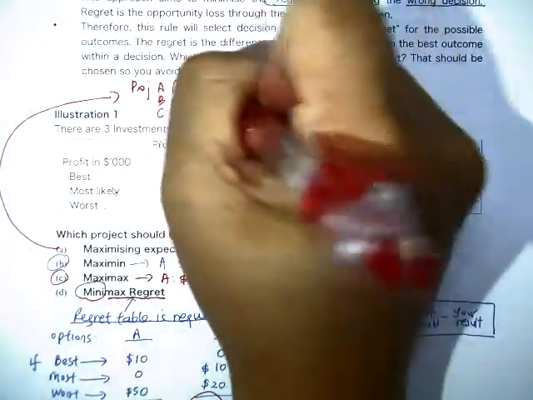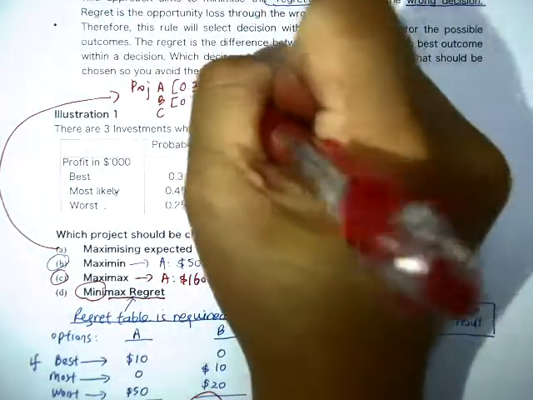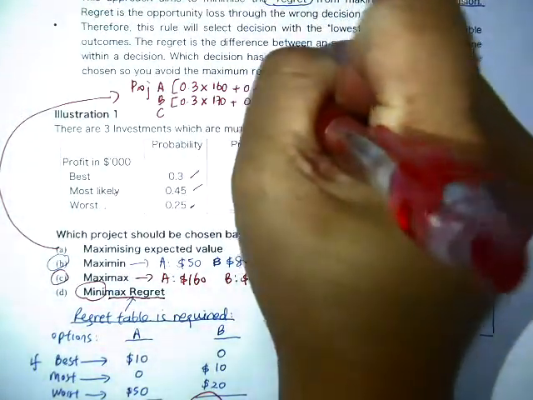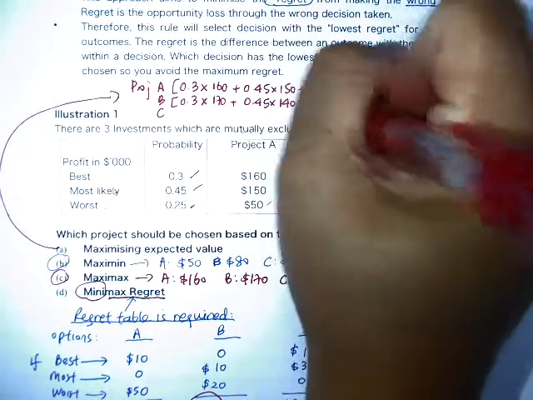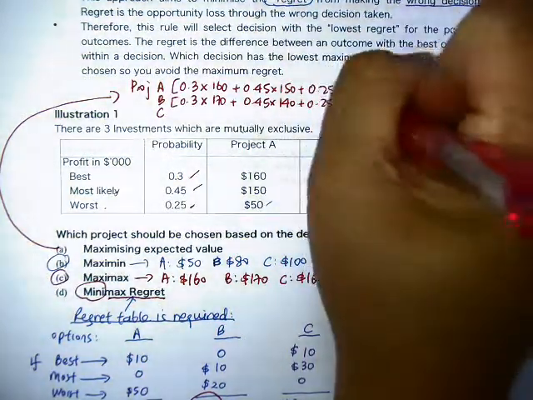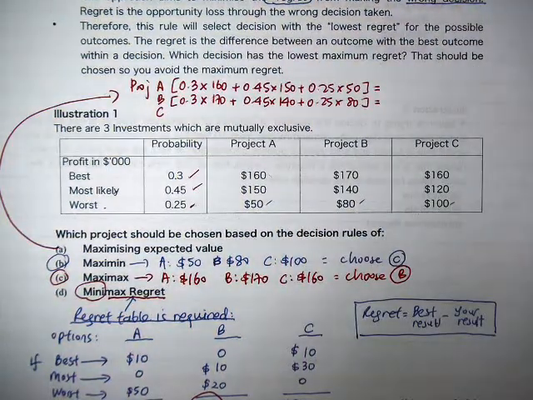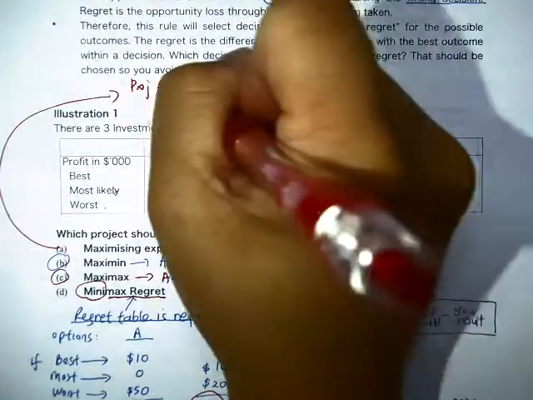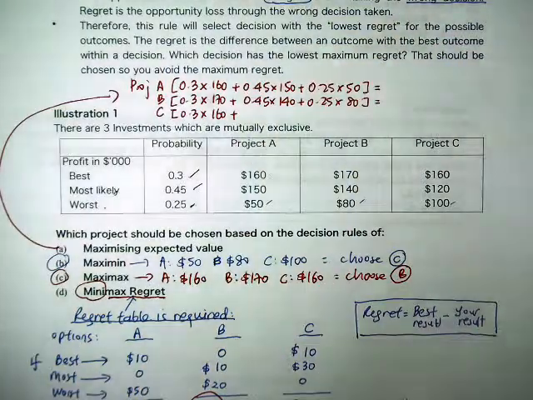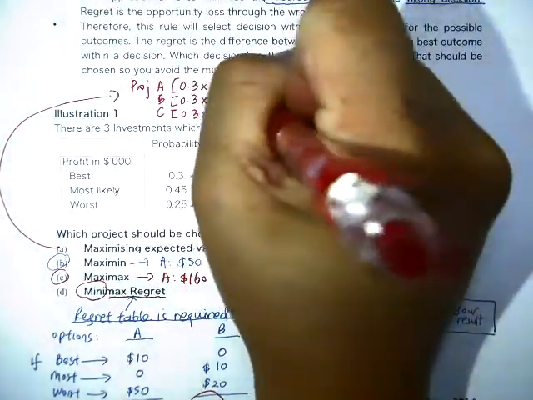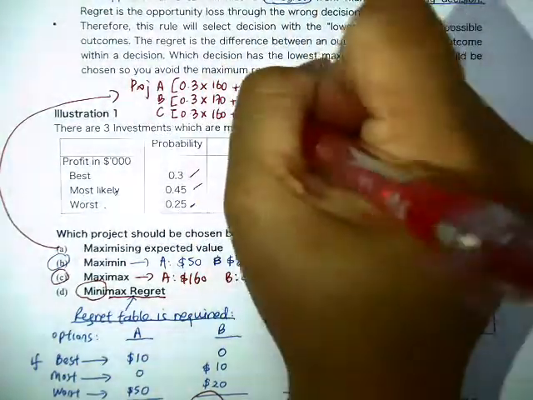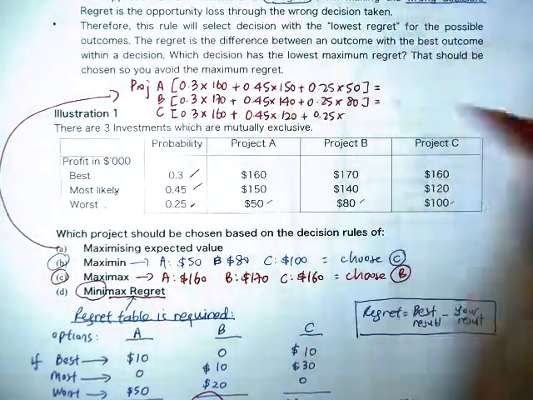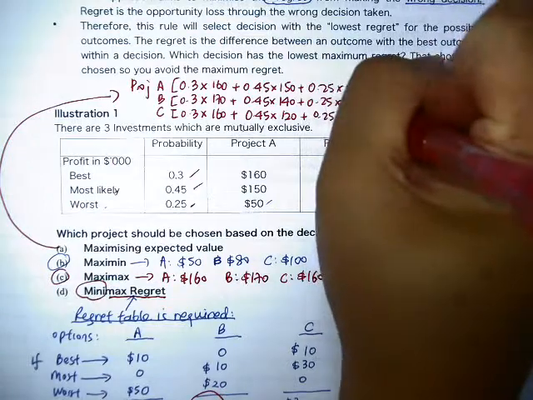Project B: 30% is 170, 45% is 140, 25% is 80. Project C: 0.3 is 160, 0.45 is 120, 0.25 is 100.